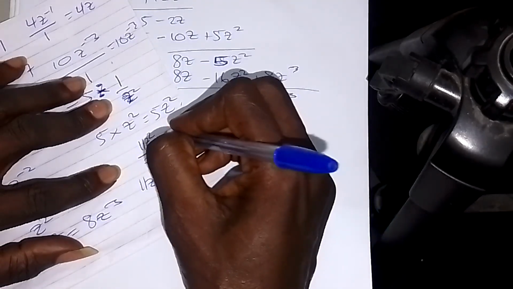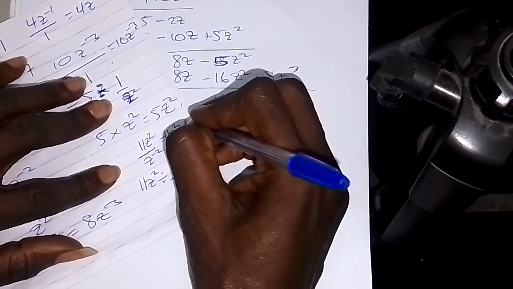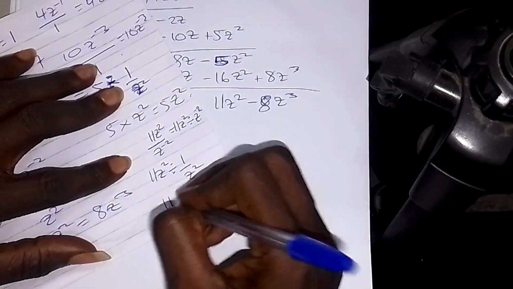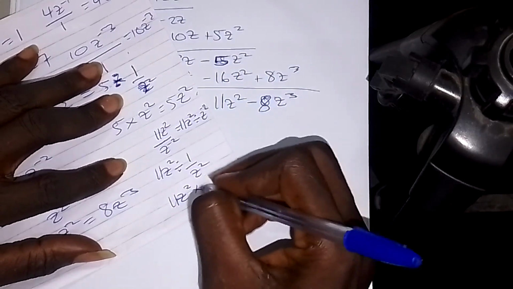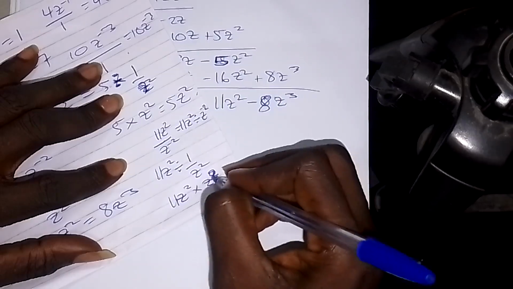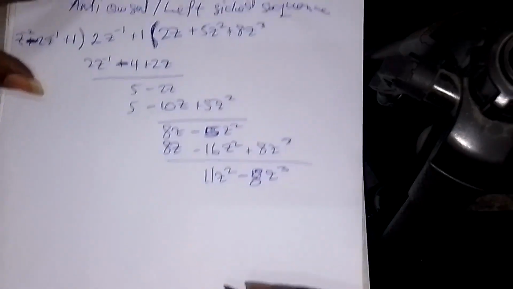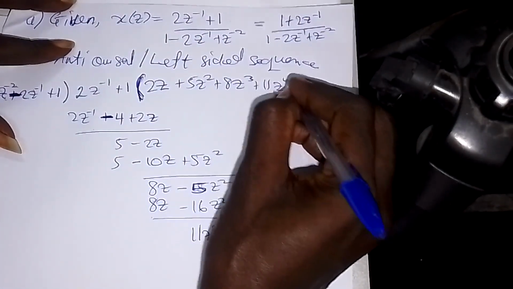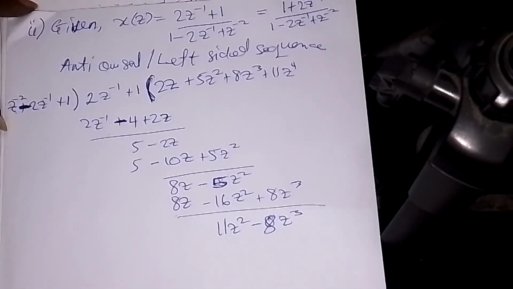Because here is equal to 11z squared divided by z exponent minus 2. So here it will be 11z squared times z exponent 2, which will give me 11z exponent 4. So here I'll get plus 11z exponent 4. That is what I'll get here.